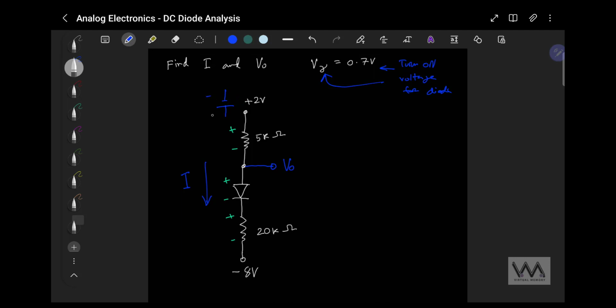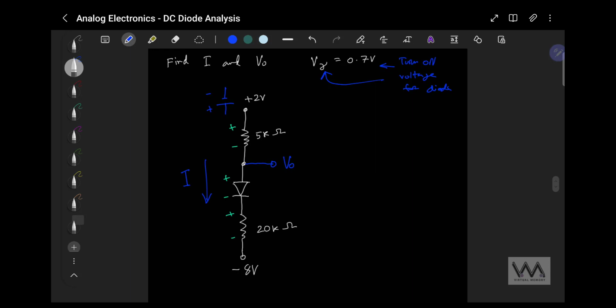So you have the negative terminal here, positive terminal here, and similarly for the negative 8 volt source, the polarity is flipped because it's negative. So it's going to be like positive here, negative here. So we're going to do KVL in this direction.